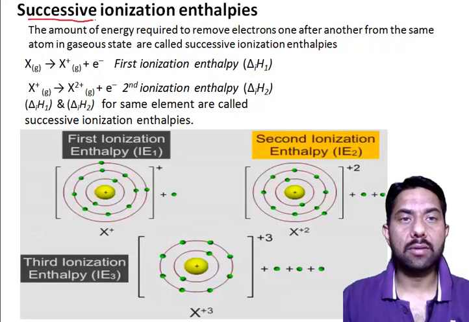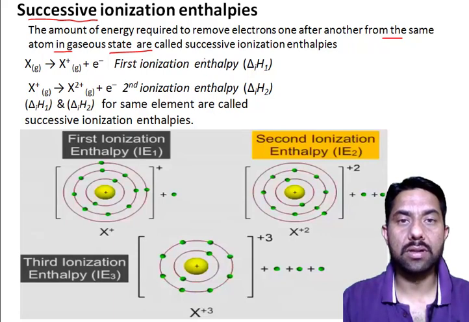Successive ionization enthalpy refers to the amount of energy required to remove electrons one after another from the same atom in gaseous state. For example, if we assume the same atom X in gaseous state, it will be converted into X positive plus 1 electron.